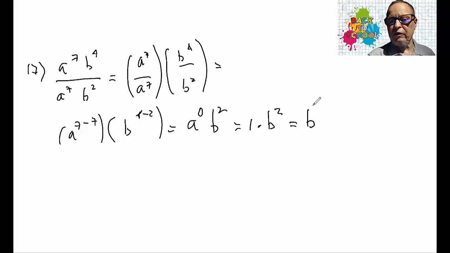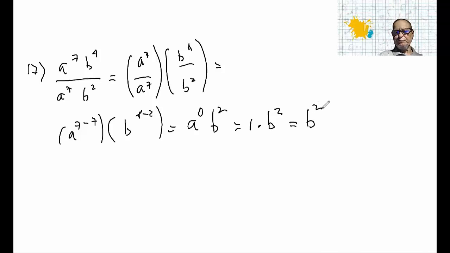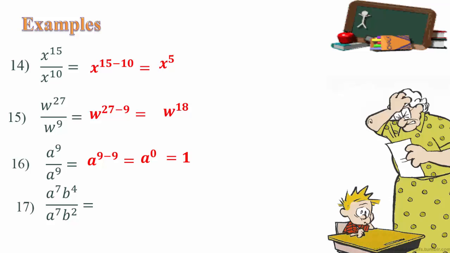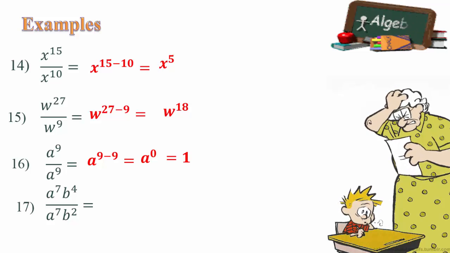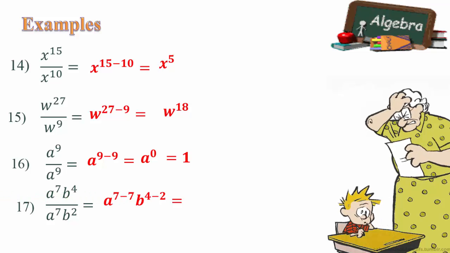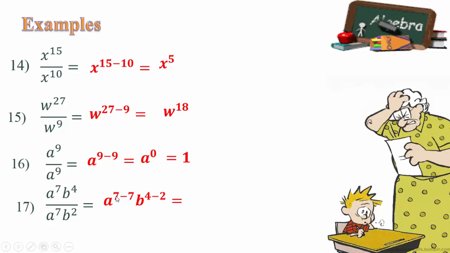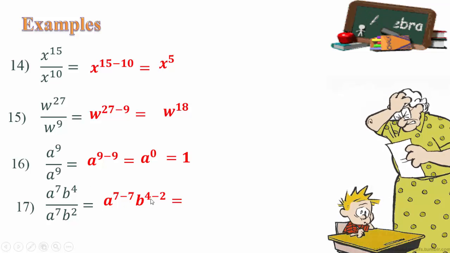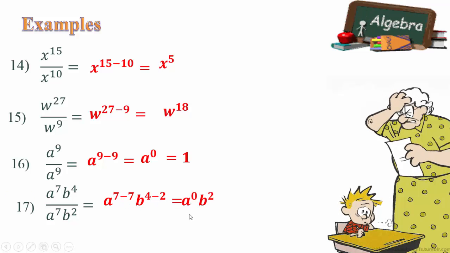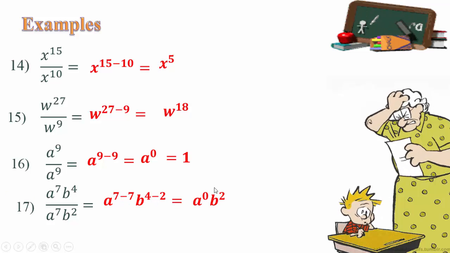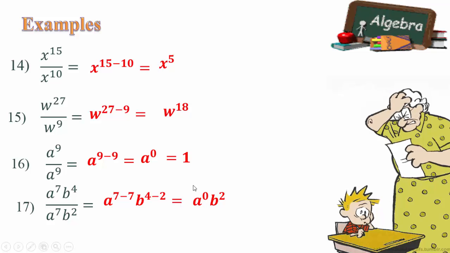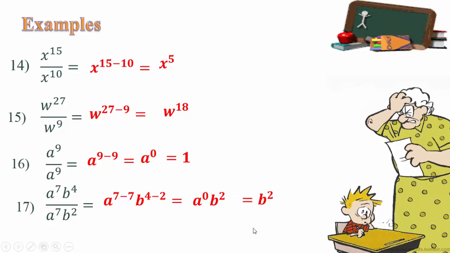just write b squared. So in reviewing what we just did on the whiteboard, for example, number 17, we see that we collect the a's, and 7 minus 7 is 0, and the b's, 4 minus 2 is 2. And as we said, anything to the 0 power is 1.